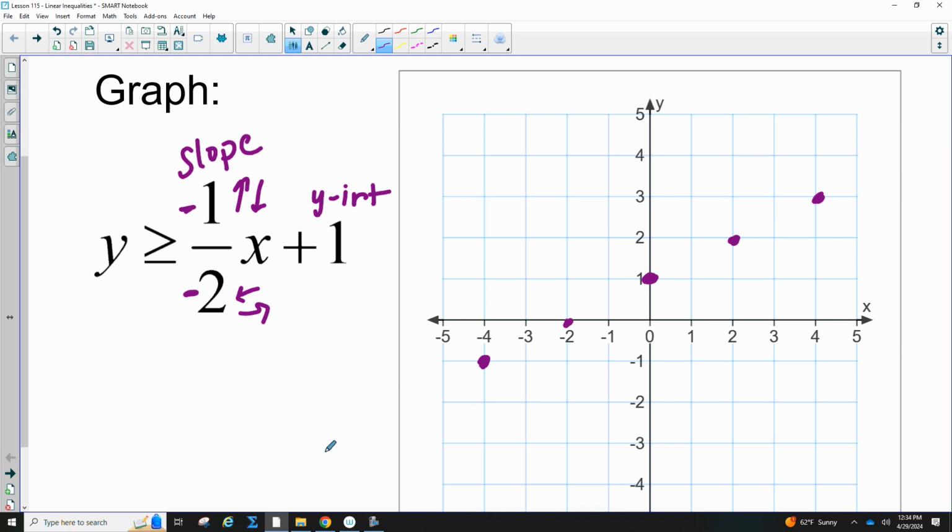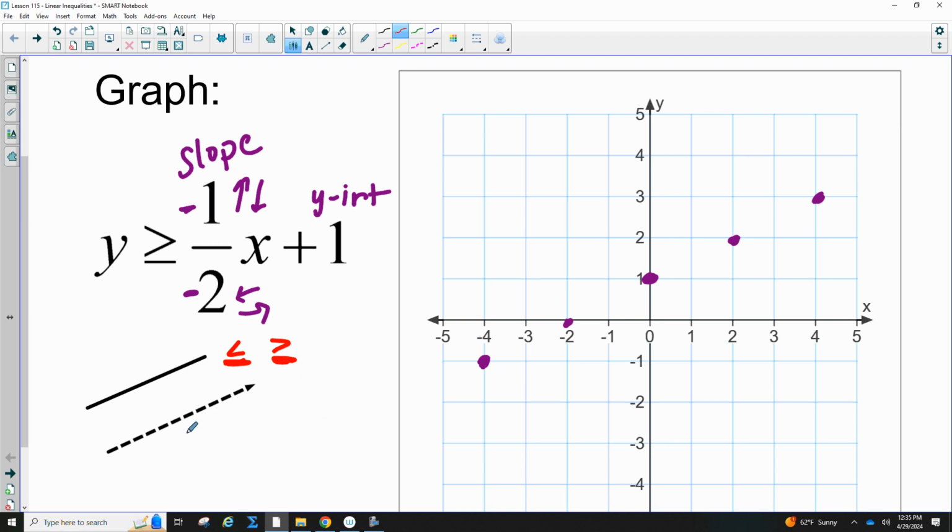Now, you are either going to do a solid or a dotted, or dashed, line. The solid lines are for the less than or equal to's or the greater than or equal to's. If you have the line underneath the inequality sign, then you do a solid line.